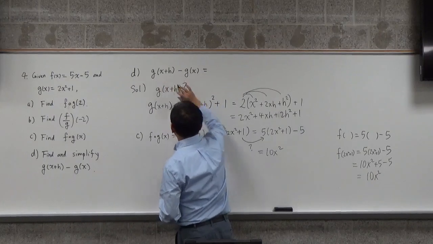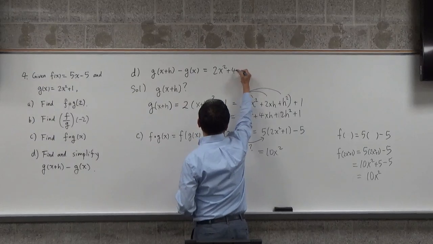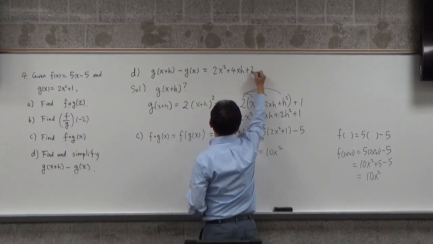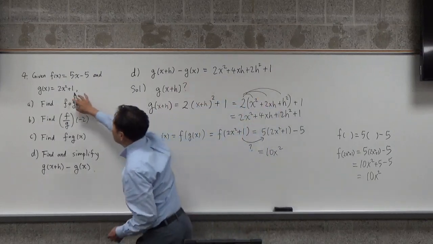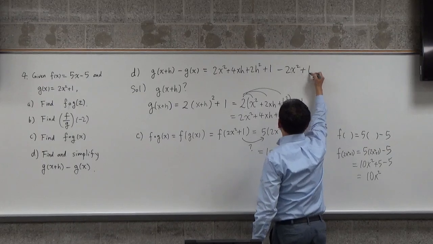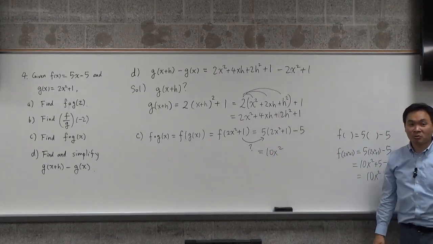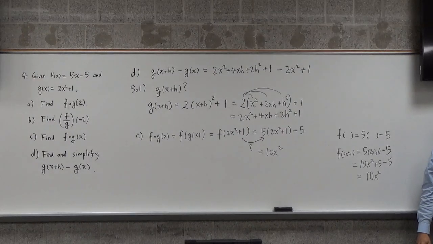Since this g of x plus h is 2x squared plus 4xh plus 2h squared plus 1, and then g of x is this thing, right? So we subtract 2x squared plus 1. Okay, I just made a mistake. What's my mistake? What's my mistake?